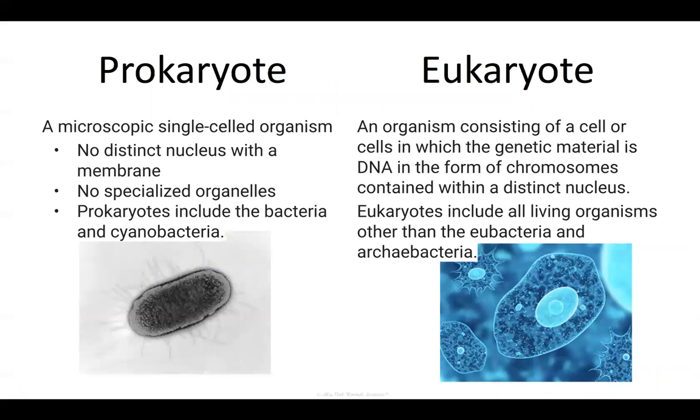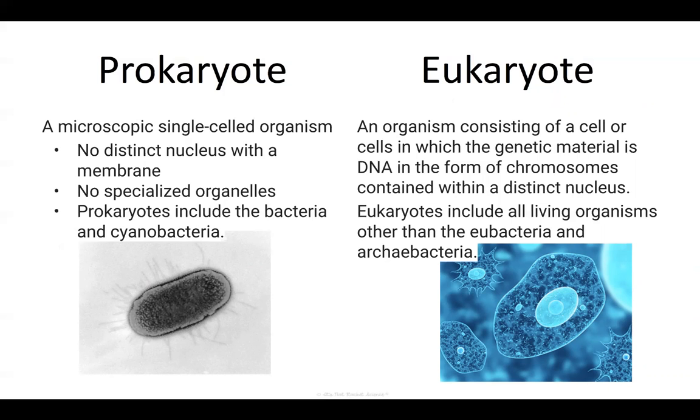A prokaryote, which is a prokaryotic cell, is a microscopic single-celled organism. It has no distinct nucleus with a membrane. It has no specialized organelles. Prokaryotes include bacteria and cyanobacteria. Meanwhile, eukaryotes, which is a eukaryotic cell, a creature that has eukaryotic cells.